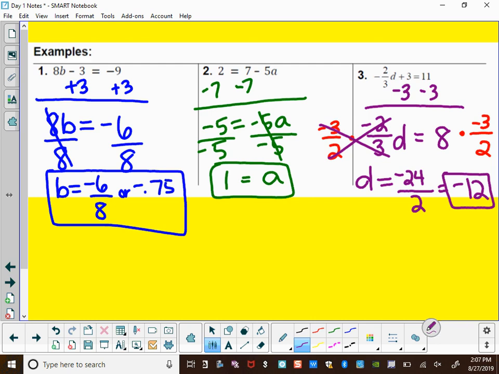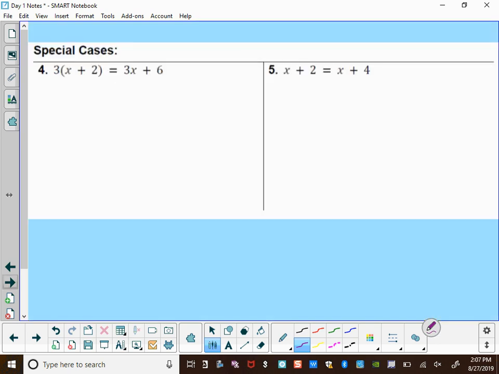All right, good. Let's look at the special cases. Special cases are ones where sometimes we do all the work correct, but we don't get an actual answer. So if I distribute 3 to x, I get 3x, and then 3 with 2, I get 6. And then 3x plus 6.